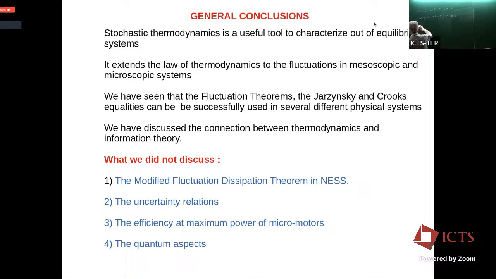Suppose that I have a particle which is trapped in a harmonic potential. The particle starts in 0. This is x, this is the potential.